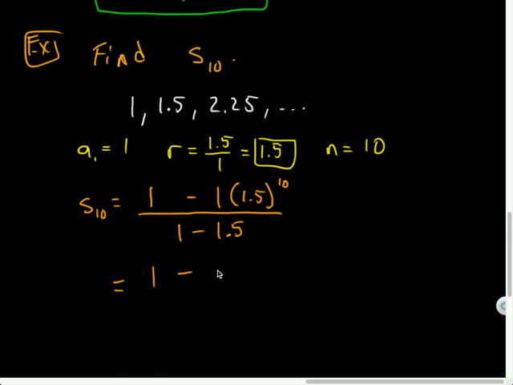So this is 1 minus, what is 1.5 to the 10th? 57.665, all over 1 minus 1.5, which is negative 0.5.